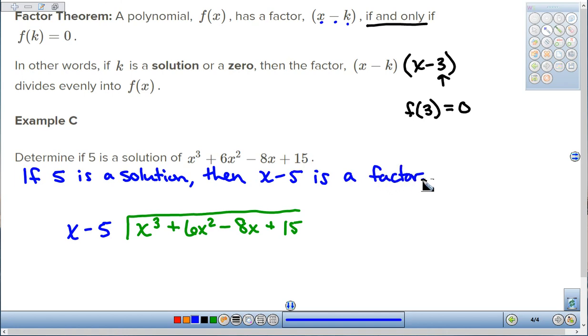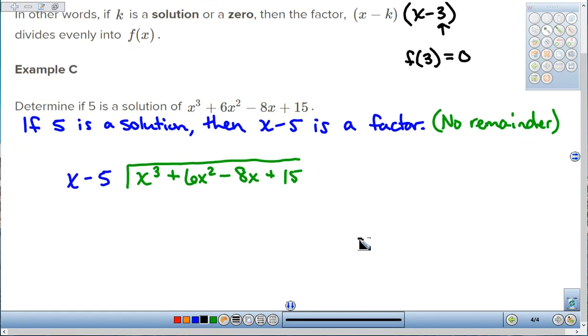Okay? Remember, in order to be a factor, we want there to be no remainder. So I'm going to divide x minus 5 and see if there is a remainder or not. That will determine whether 5 is a solution or is not a solution.